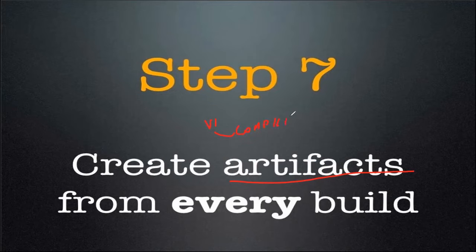The moment compilation starts, the build will start automatically, right? So once the build starts, it will create the application package. I'm talking about Java, but you can apply this logic to whatever programming language.